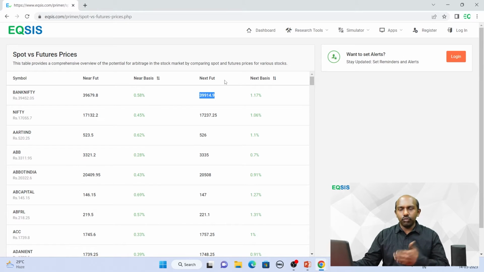I mean, two different calendars are available, the next and the near, and we're talking about the differences between spot and futures. If you look at Bank Nifty, from spot to future the difference is 0.58%. Whereas for Aarti Industries it is 0.62%, and the future prices are higher than the spot price. That's the reason it is positive.